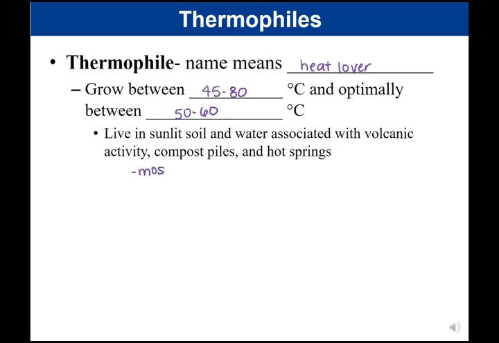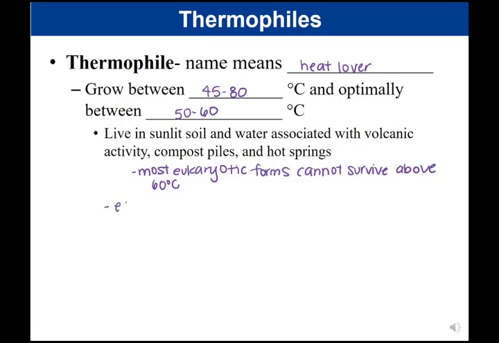Most eukaryotic forms cannot survive above 60 degrees Celsius. So this is unique to usually bacteria.